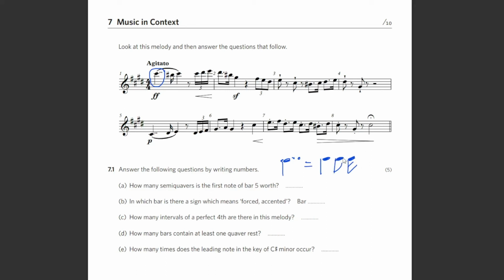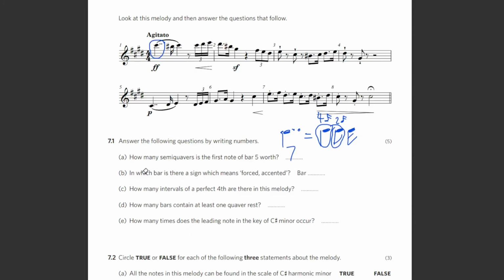The quaver is equal to 2 semiquavers, and the crotchet is equal to 4 semiquavers. So the double dotted crotchet is equal to 4 plus 2 plus 1, which is 7 semiquavers.